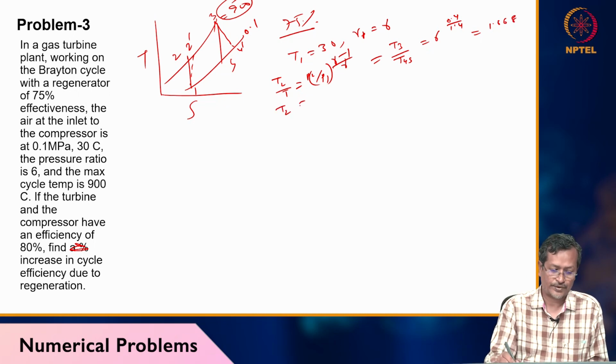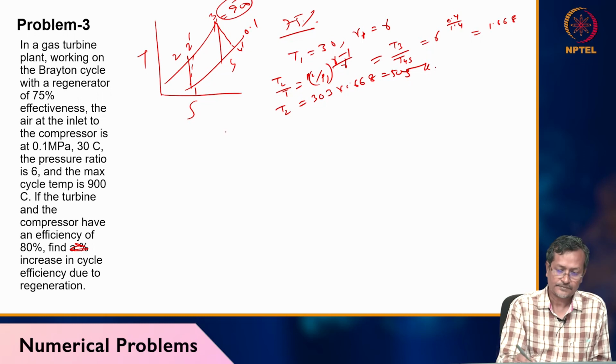So T2 equals 303 into 1.668, 505. Okay. T4 equals 1173 by 1.668 equals 705 K.